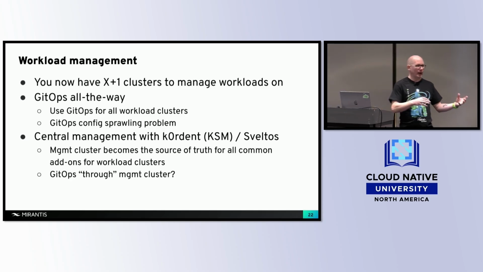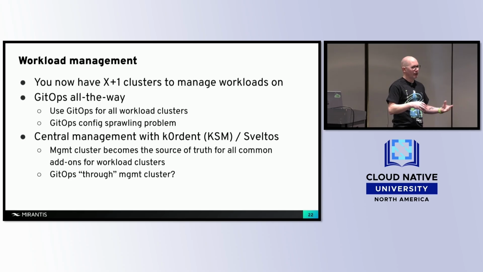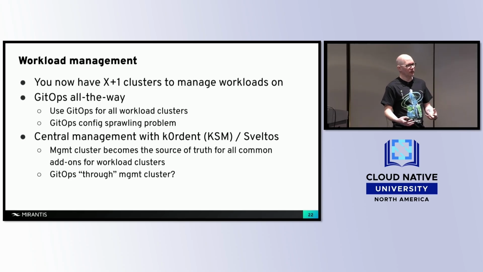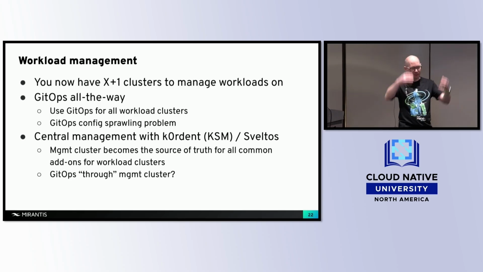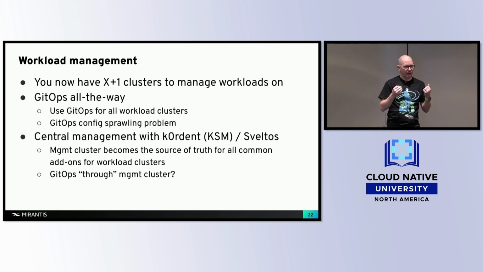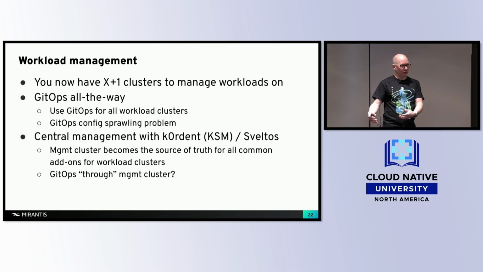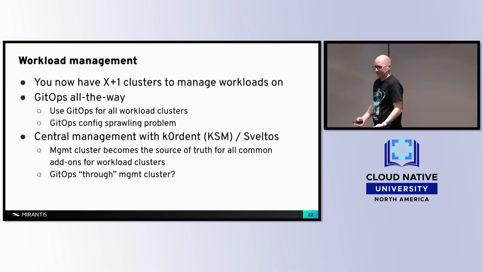Or you could go GitOps all the way, where every single workload cluster you create pulls in configuration and applications using GitOps patterns. But that comes with a challenge, especially if you start to run tens or hundreds or maybe thousands of clusters. You have 1,000 clusters to configure for GitOps. Whether that's a problem or not depends on your use case.